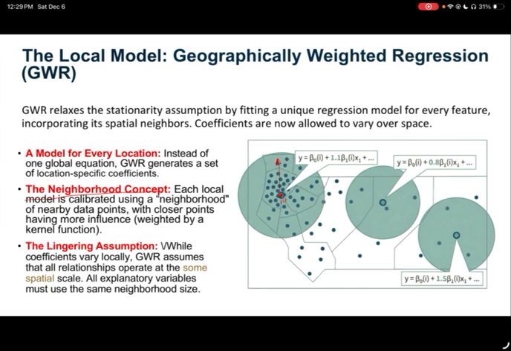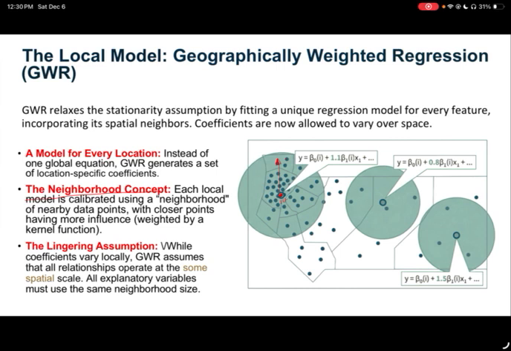All explanatory variables must use the same neighborhood size. In GWR, since they calculate local regressions, they include data nearby using distance or number of points.